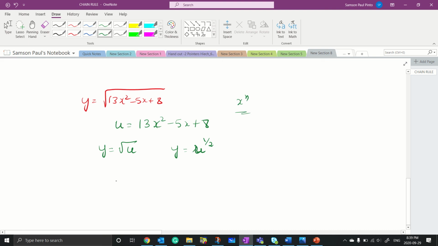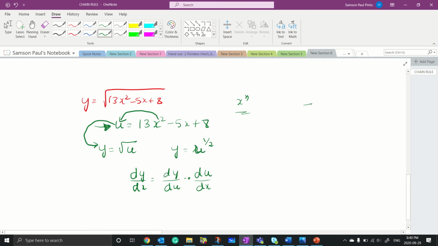Now let us get into the problem. dy by dx is nothing but dy by du multiplied by du by dx. Now why I am multiplying is you have introduced an intermediate function where y depends on u and u in turn depends on x.